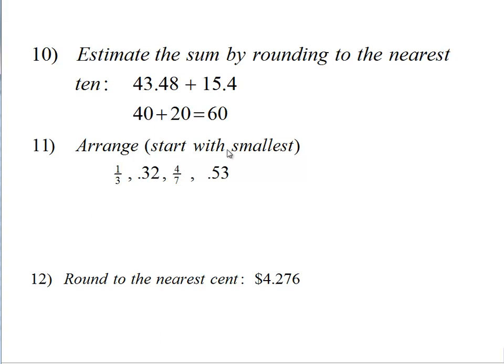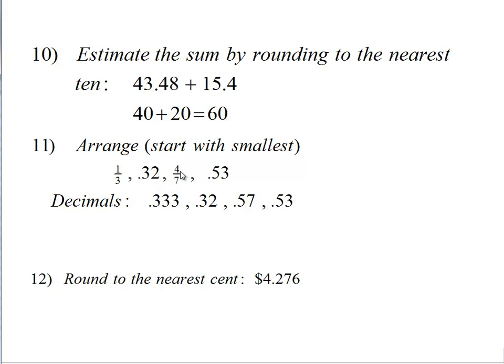Okay, arrange starting with the smallest. First, take each of these and make them, say, 3 decimal places, or 2 decimal places, since we have 2 here. Now, if you get any that match, then you need to go to 3. But since we have 2 at this point, we're going to stick with 2. 0.33 or 0.333. 0.32. 4 sevenths.